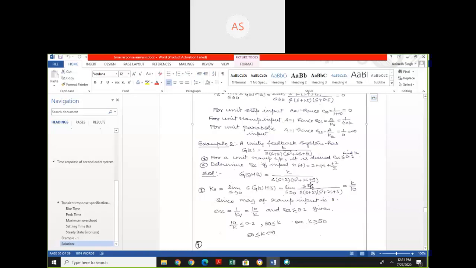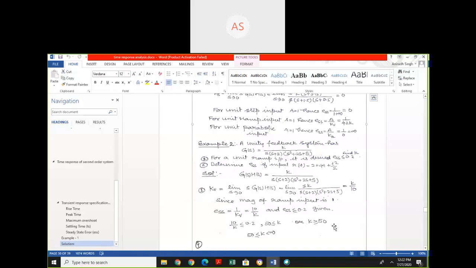If you multiply this by s, the s will cancel and you will get the value of Kv as K by 10, and the magnitude of ramp is 1. In this case unit ramp magnitude is 1, so ESS is given by 1 by Kv, which is 10 by K. Since the steady state error is less than or equal to 0.2, we can substitute the value of steady state error.